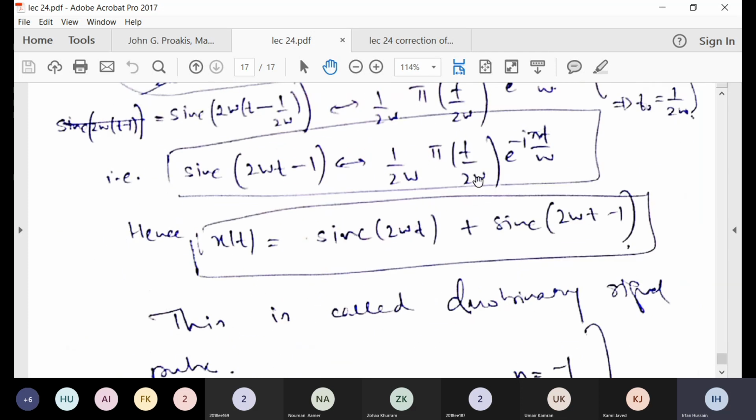So I have the time domain version of the second term, and I add these two terms, and hence these two terms become the time domain version of my controlled ISI, where I allow one ISI term.